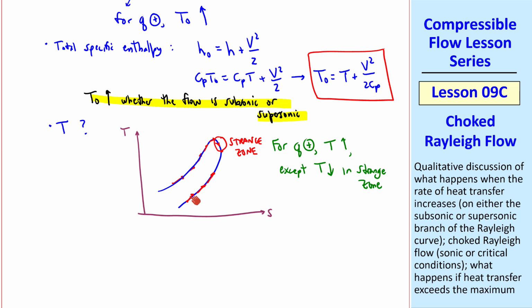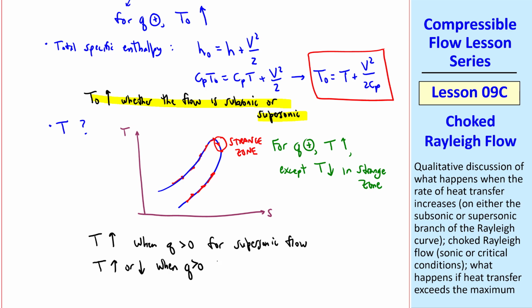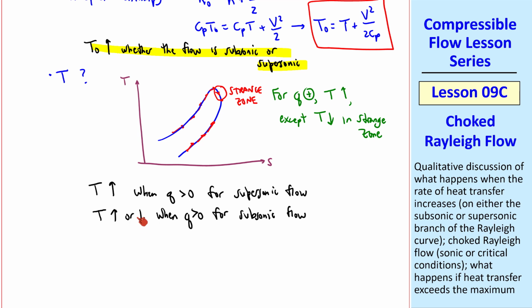On the supersonic branch, T always goes up. But this strange zone is a very small portion of the Rayleigh curve. So we conclude that T goes up when Q is positive for supersonic flow, but T can go up or down when Q is positive for subsonic flow, but T goes down only in this little strange zone.